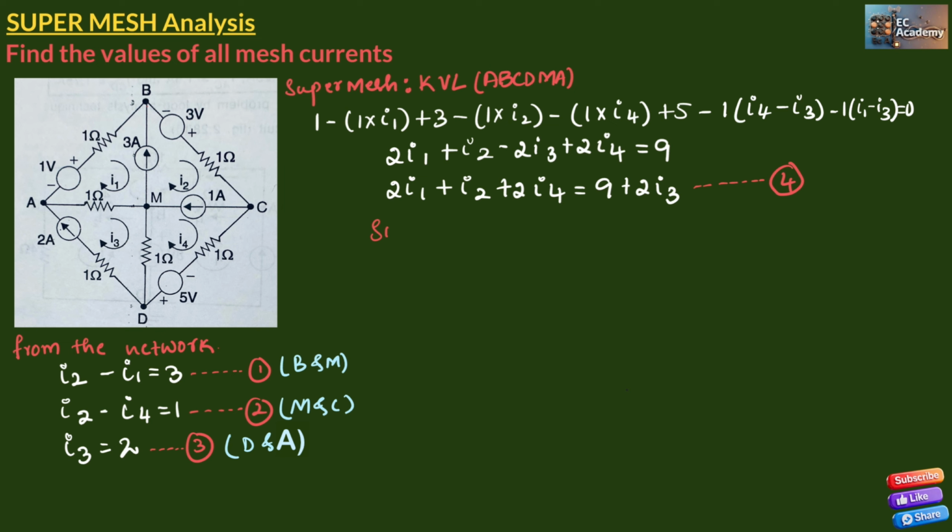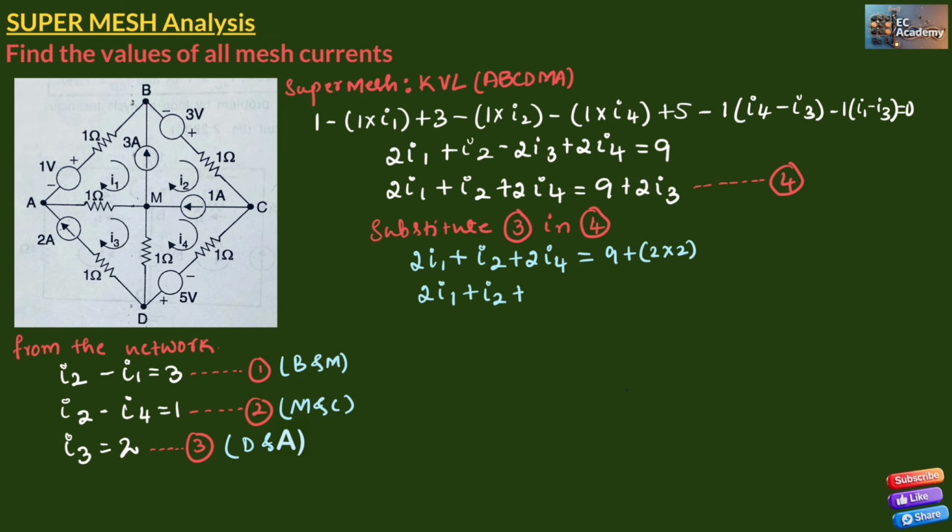Let us substitute equation 3 where we are having I3 is equal to 2 in equation number 4. Therefore, we can write 2I1 plus I2 plus 2I4 will be equal to 9 plus 2 into 2. So, this will be equal to 2I1 plus I2 plus 2I4 will be equal to 13. Let us take this as equation number 5.